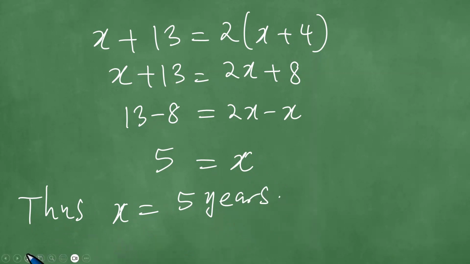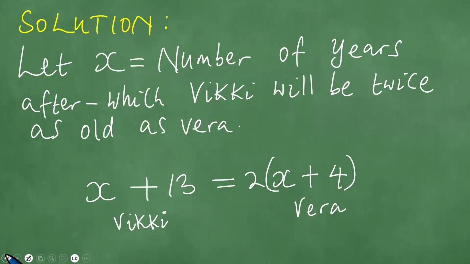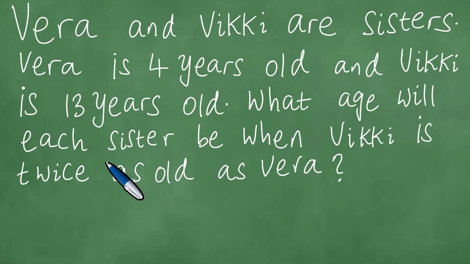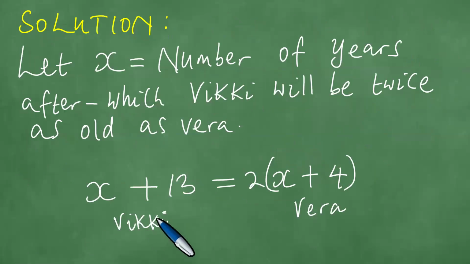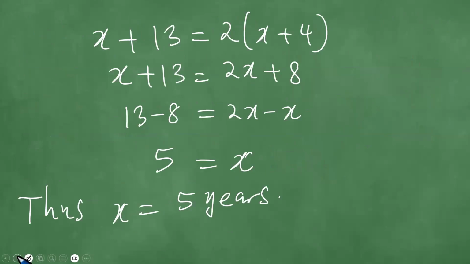Now to answer the question, what age will each sister be when Vikki is twice as old as Vera?